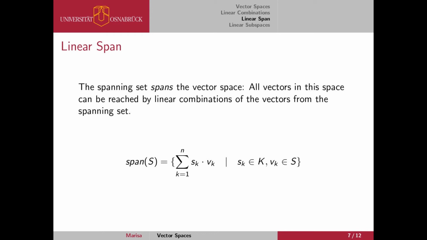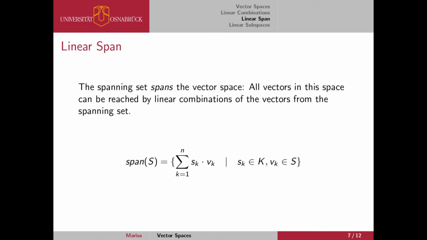We write span of S, which means the span of the set of the vectors S, for the span. And what we mean by that is the set, therefore in curly parentheses, of all possible linear combinations of vectors from the set S. So this means that the span of a set S is the vector space it spans.